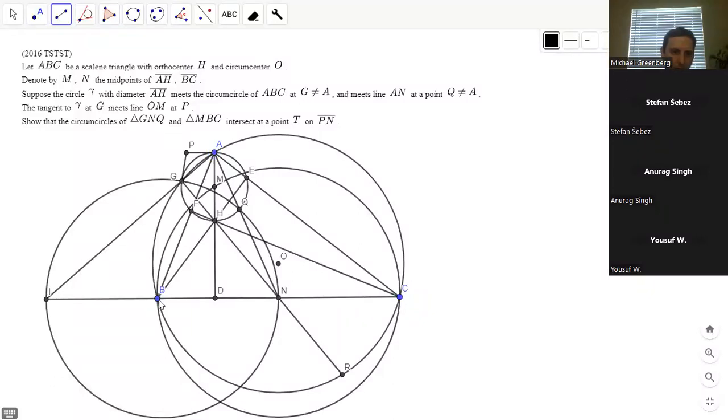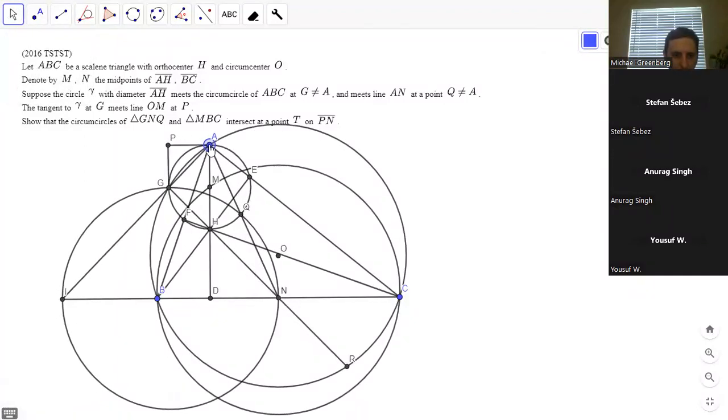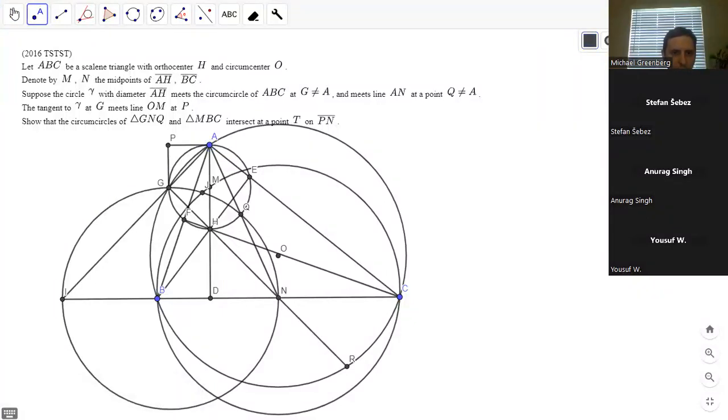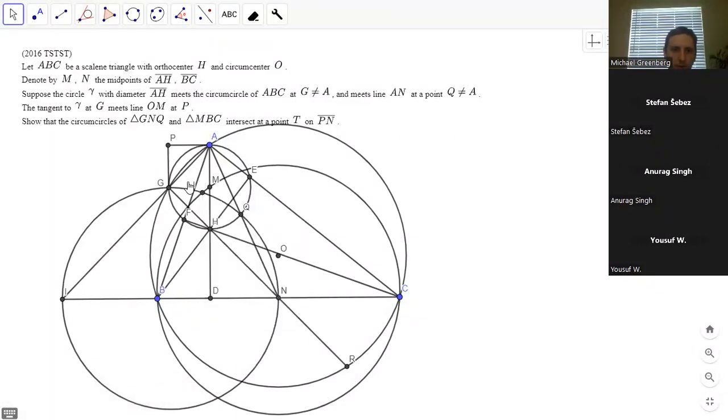That's the polar of P. Okay, so basically we want, I mean, it's the same as showing that, oh, I was going to say PN is the radical axis, but that's not true. So yeah, let's look at this intersection point, J. So we could call it T or T prime.